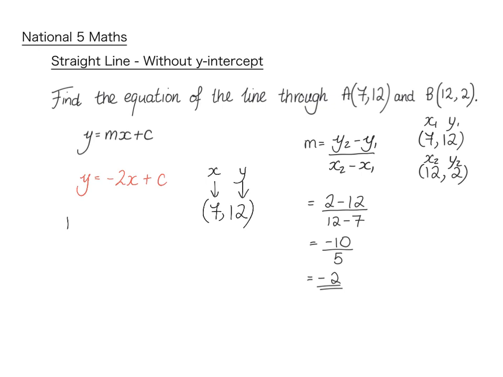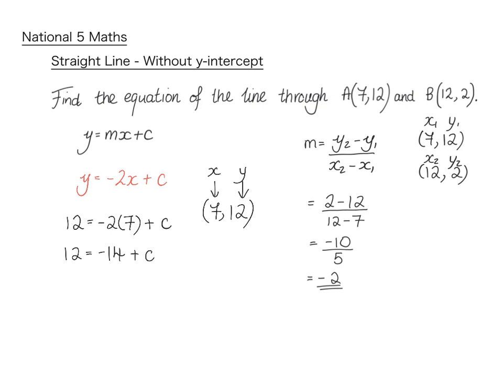So to get 12, because y is 12, we have to do minus 2 lots of 7 and then add something, because these equations are just substitution formulas that we've done before. So we get 12 is equal to minus 14, because minus 2 times 7, plus something.